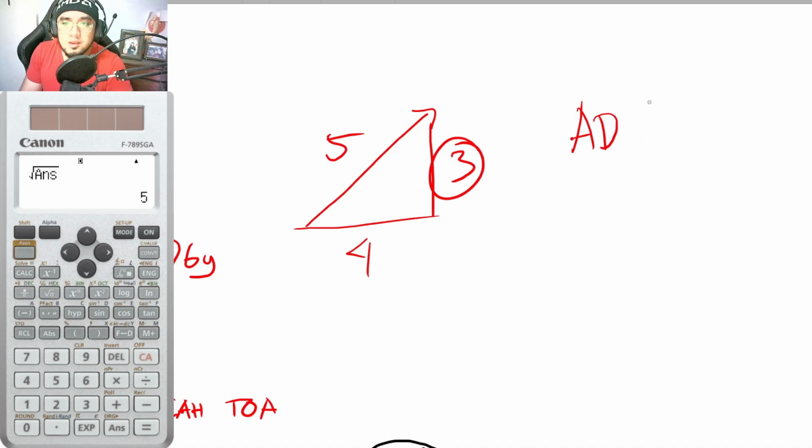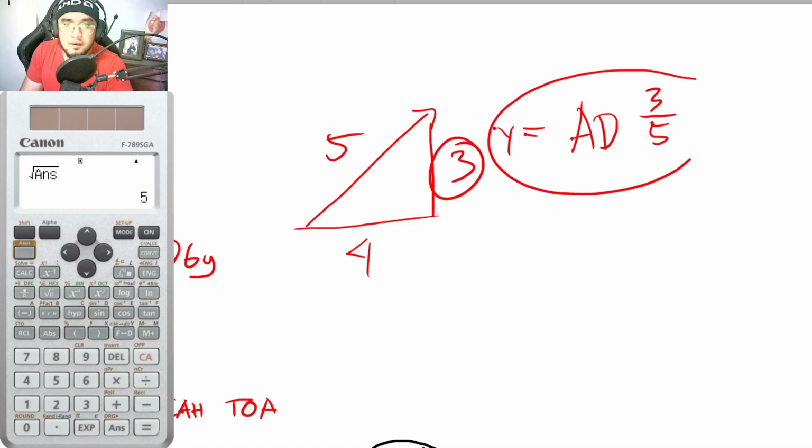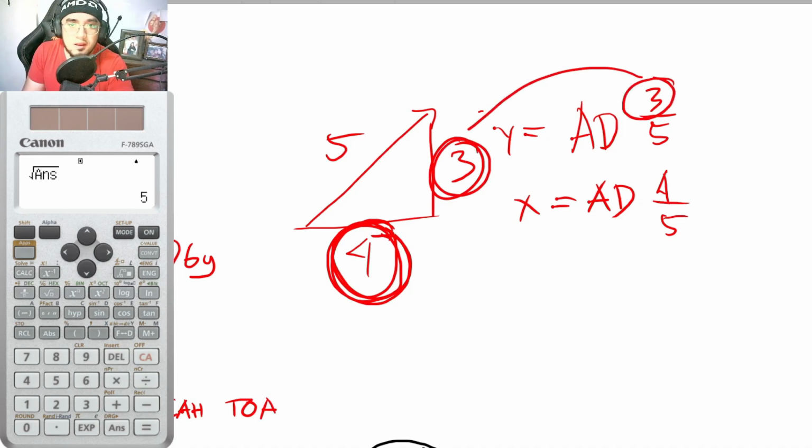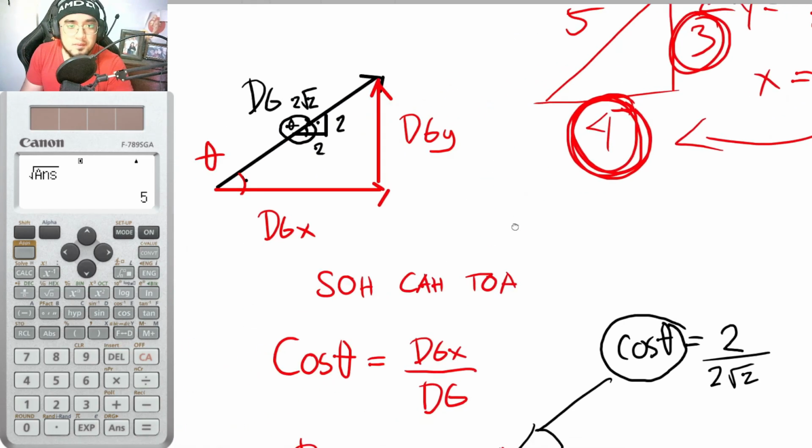Then the y component here is 3/5, and for its x component it is 4 over 5, since 4 is the horizontal, so this is the x, and y, or the vertical, is 3. So that is just the basics from statics of rigid bodies.